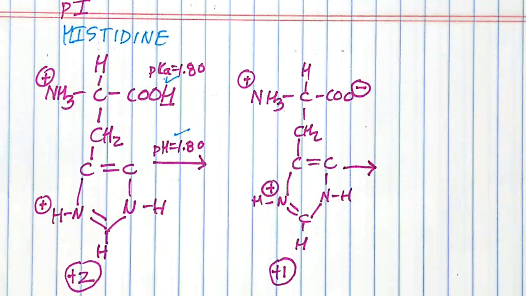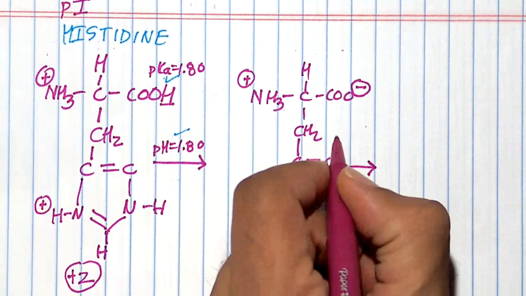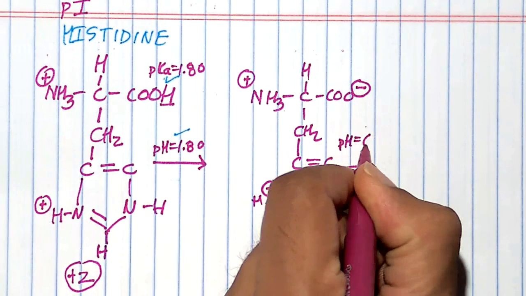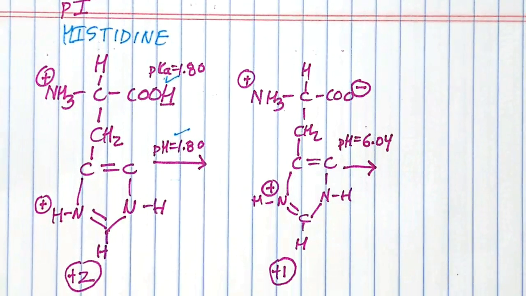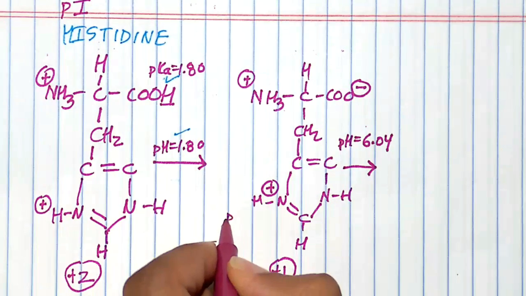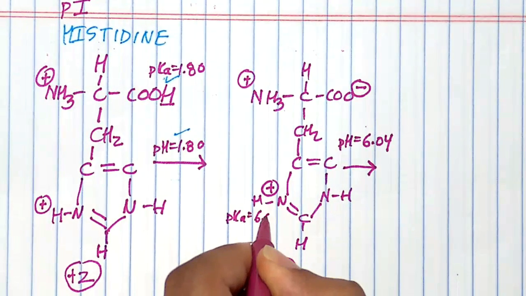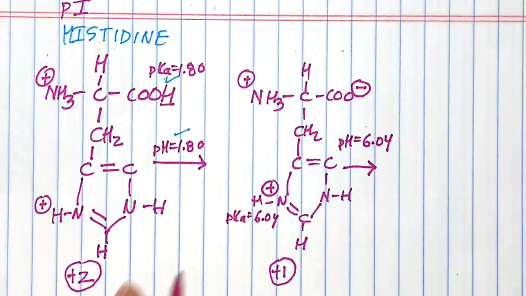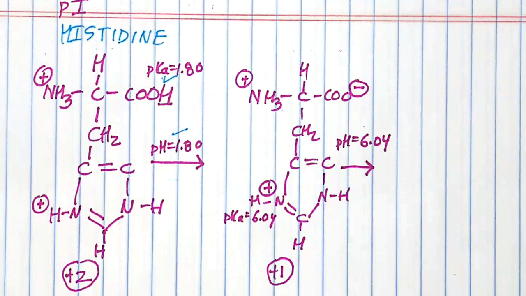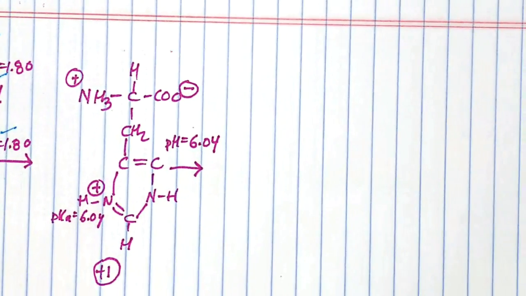The next proton that comes off, according to my notes, is going to be at a pH of 6.04. At a pH of 6.04, this proton begins to come off because it has a pKa of 6.04. So let's draw that structure.